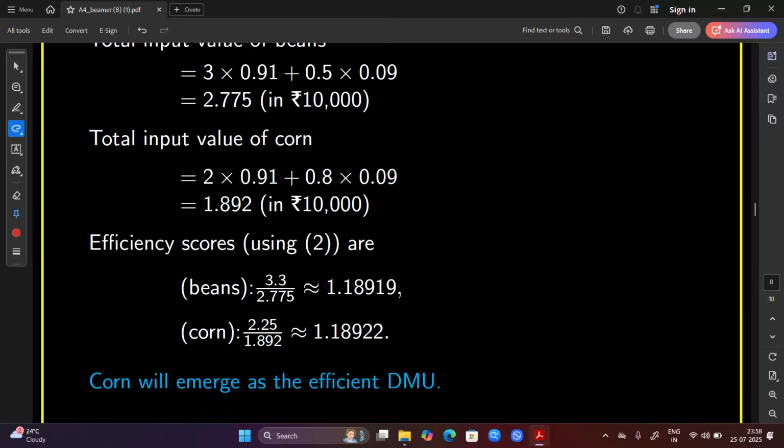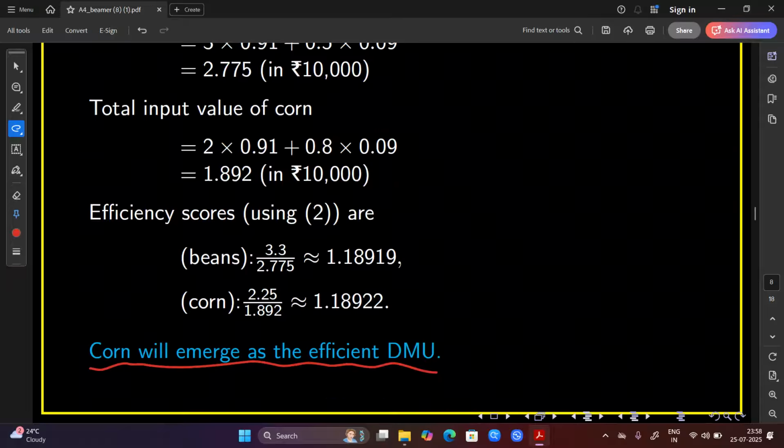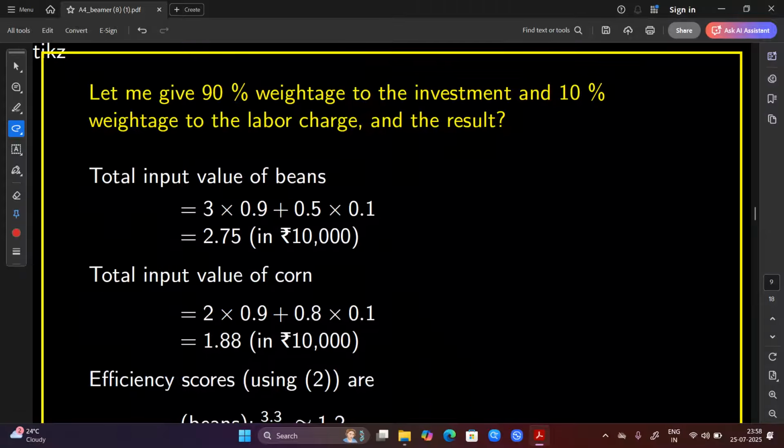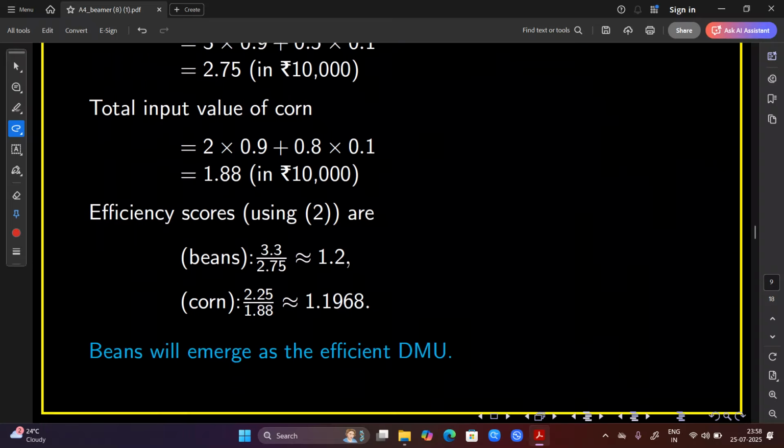In this case, corn will emerge as the efficient DMU. Just change 1%. Let me give 90% weightage to the investment and 10% weightage to the labor, and then what is the result after calculation? Beans will emerge as the efficient DMU.